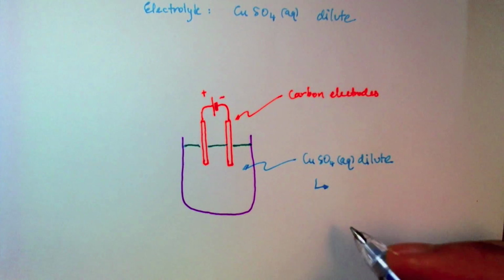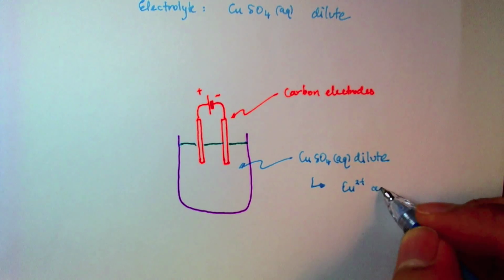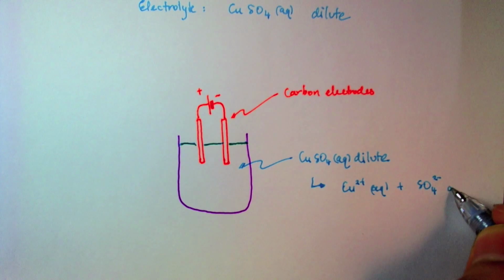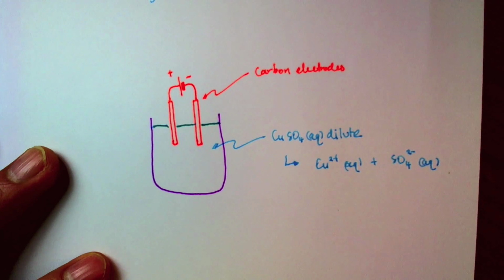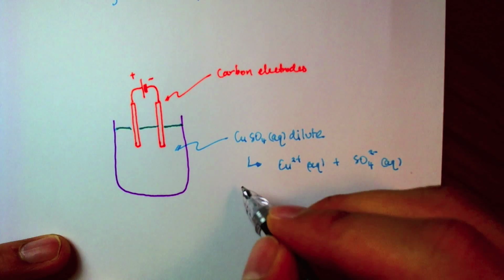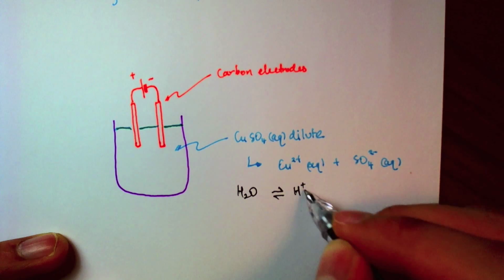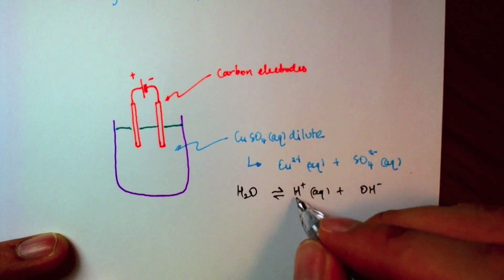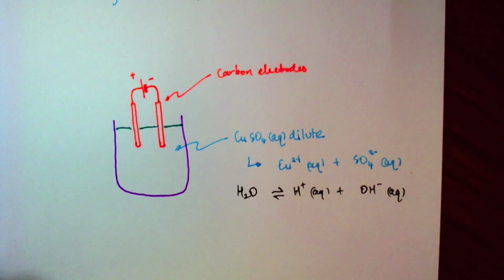In a solution the copper sulfate will dissociate into copper ions and sulfate ions. We also have water in the solution which will dissociate too. So my water will dissociate into hydrogen and hydroxide ions.